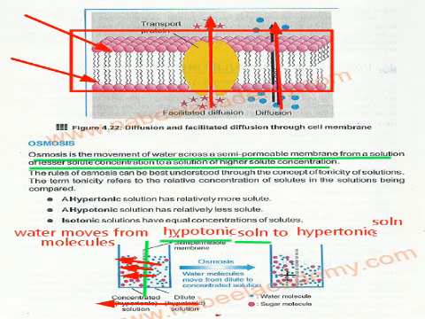And so we can say that osmosis is totally similar to diffusion, but the main difference is that in osmosis we only talk about water molecules, nothing other than water molecules. These water molecules get transported from higher concentration to lower concentration. This is osmosis, and this is same as diffusion.